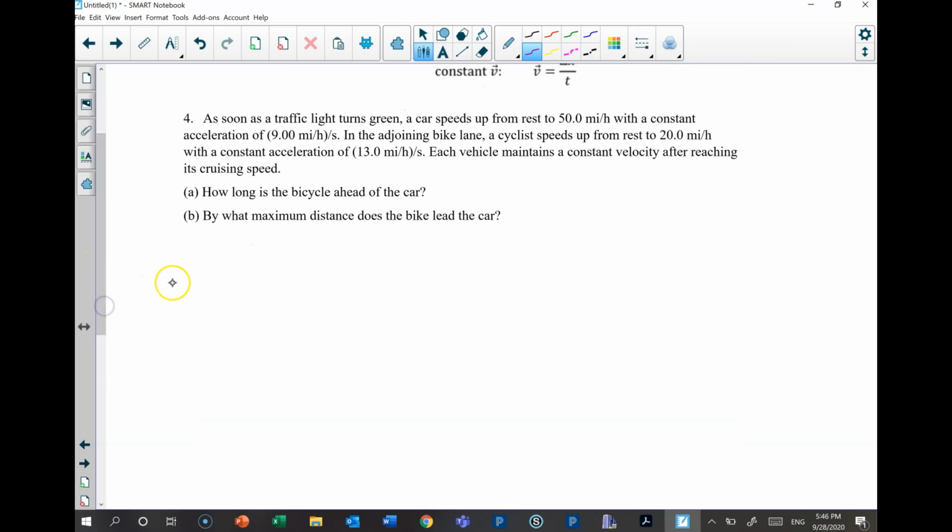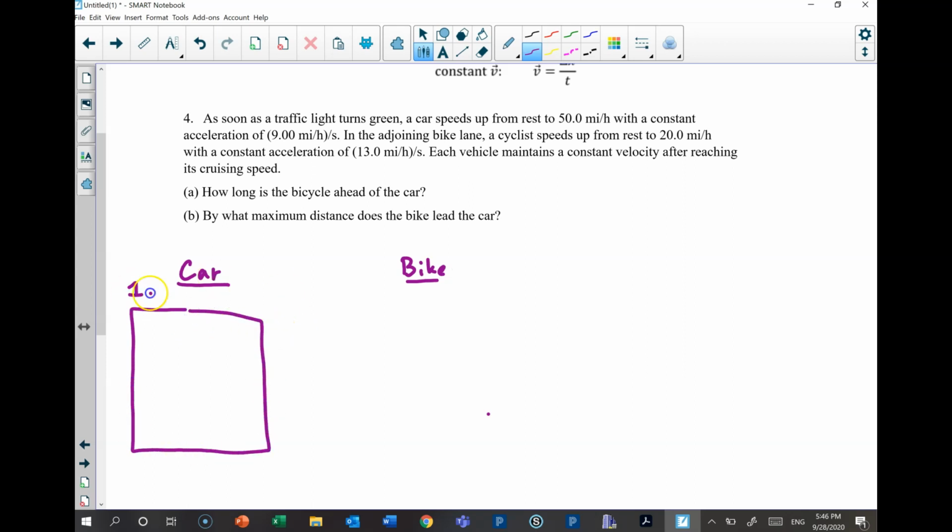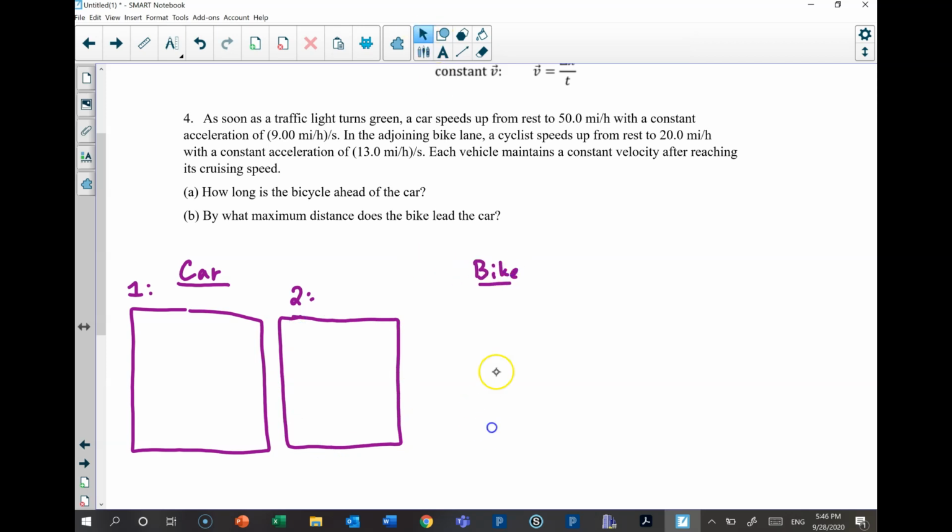We have here a car whose givens we must separate from the bicyclist. I'll just say bike. Moreover, for each object, there is a first segment where they accelerate, and then a second segment where they have constant speed. So maybe I'm going to need some more space. Let me move this over.